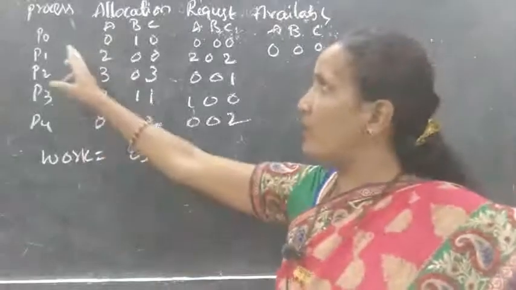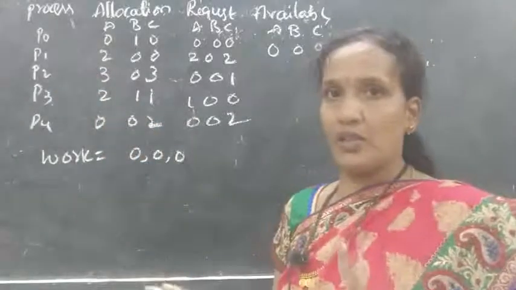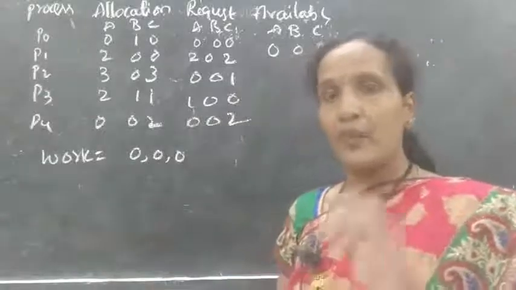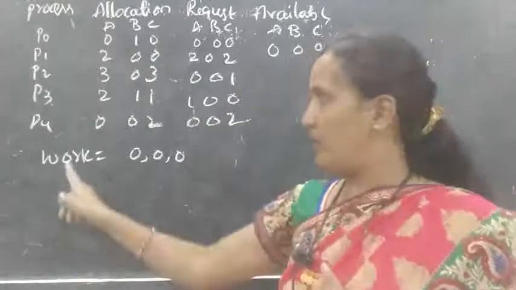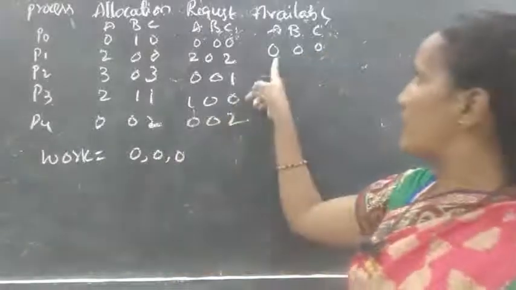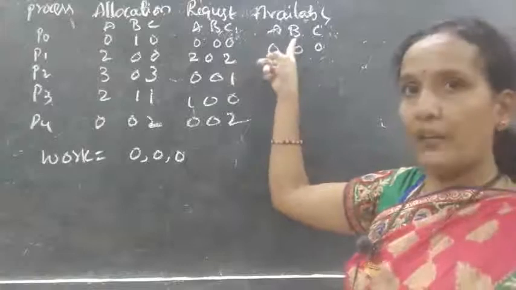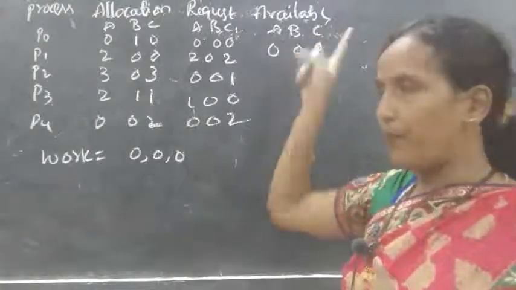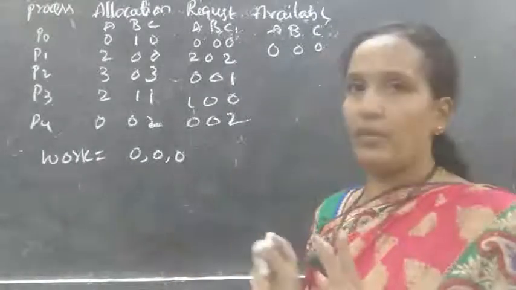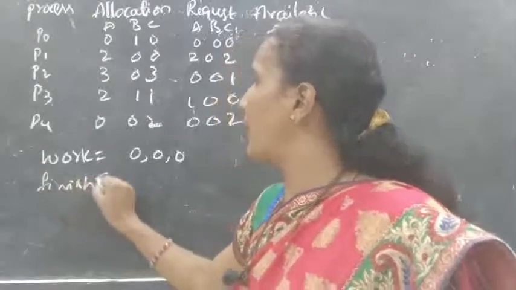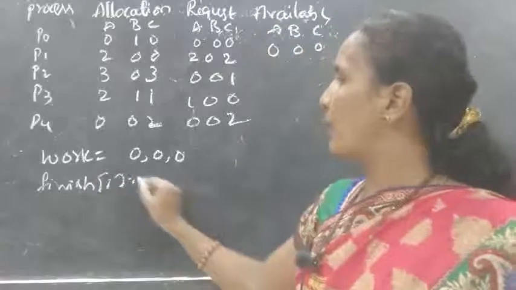First in the algorithm, what is the first step? Work equals available. How many resources are available? 0, 0, 0 for resource types A, B, C. And finish of I equals false.